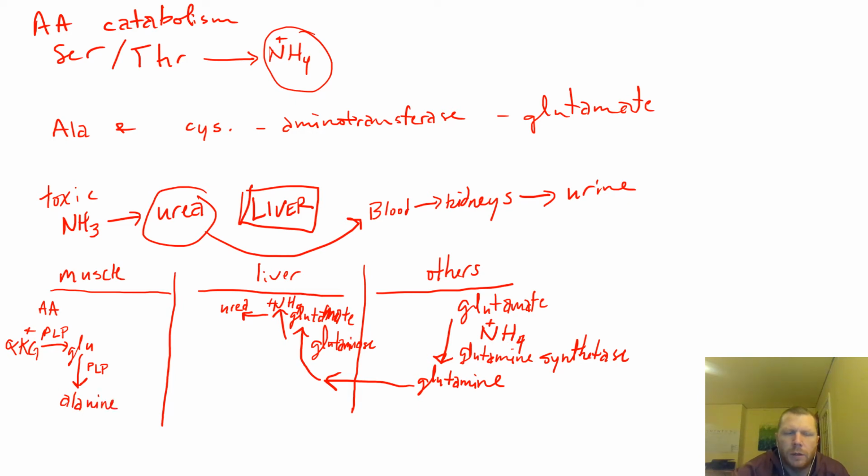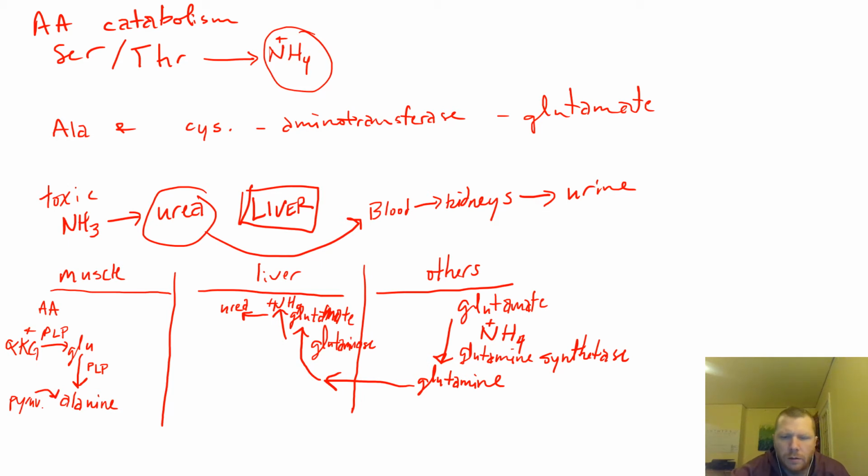Obviously, we wouldn't necessarily want to transfer an amino group from an alanine ultimately to an alanine, but we can transfer our amino group from glutamate onto a pyruvate molecule in order to make alanine.